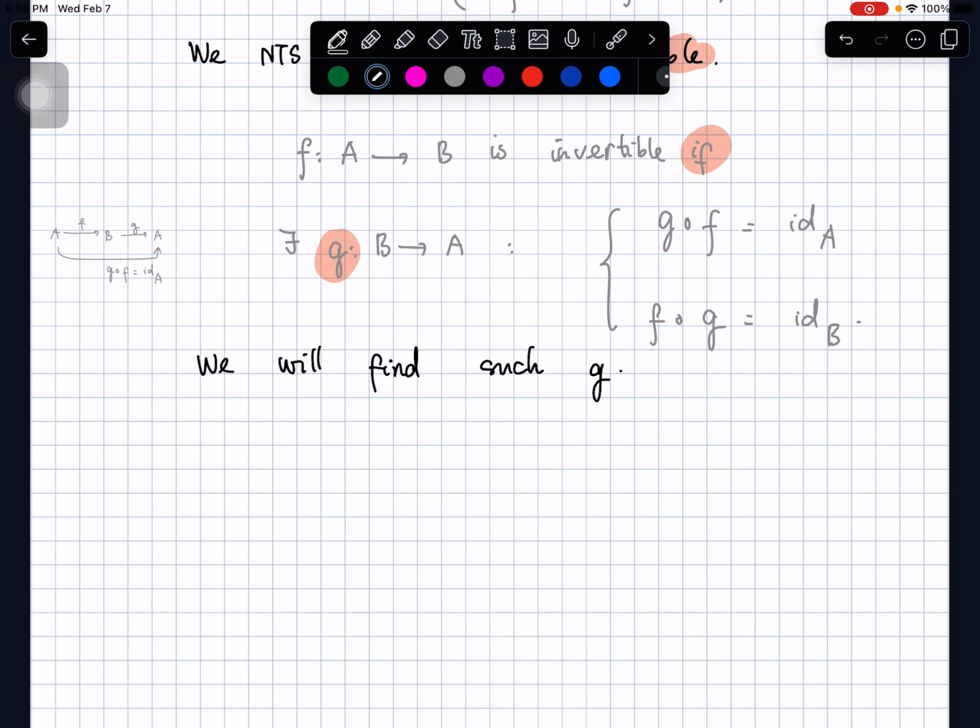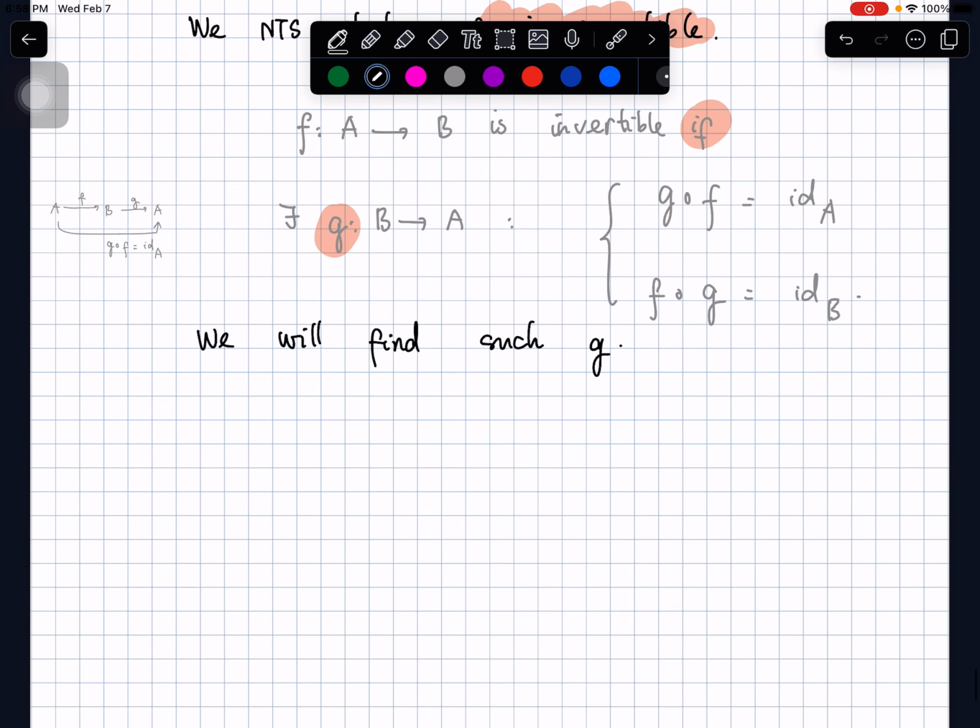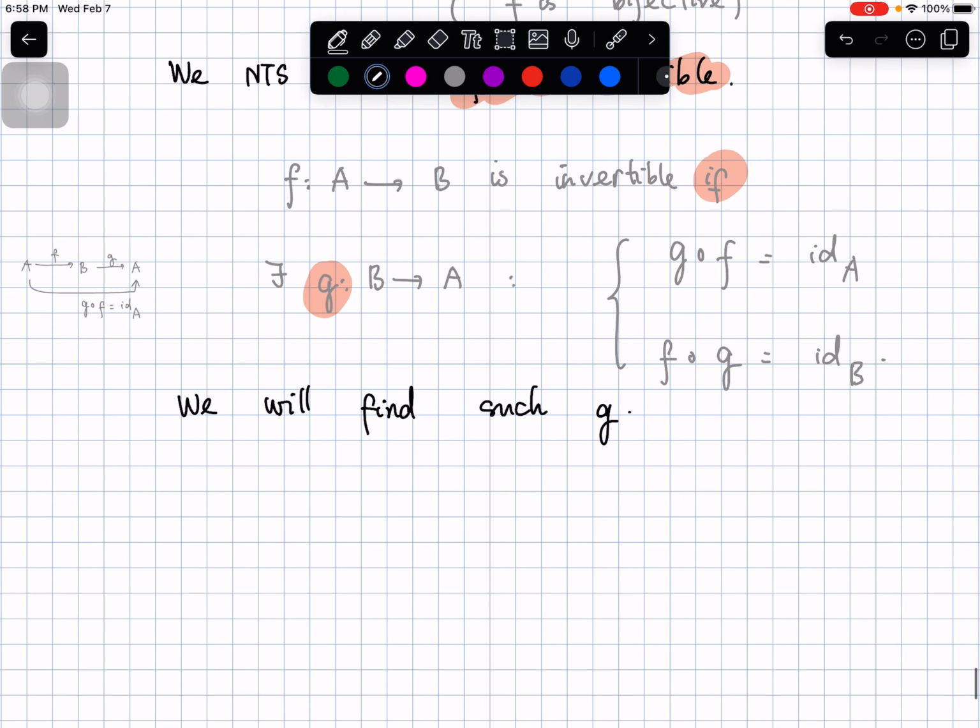So we're going to construct g as follows. To construct a function means that for any point small b in B, we want to define what g of small b is. What is this in A, right?